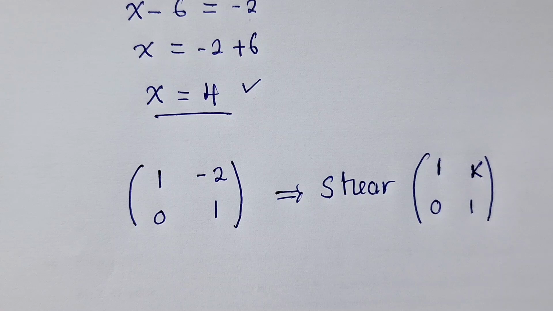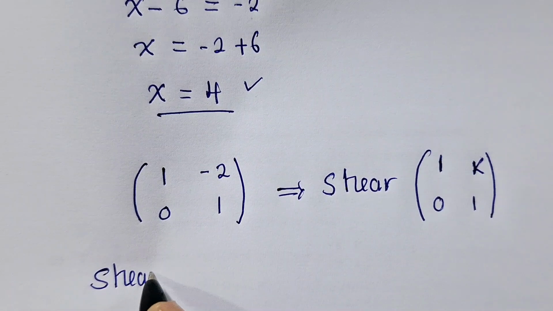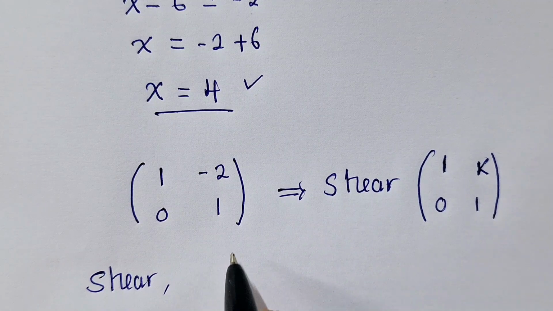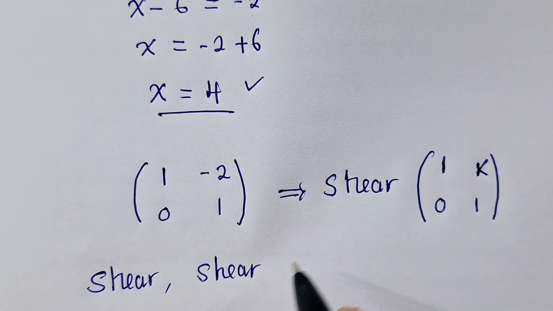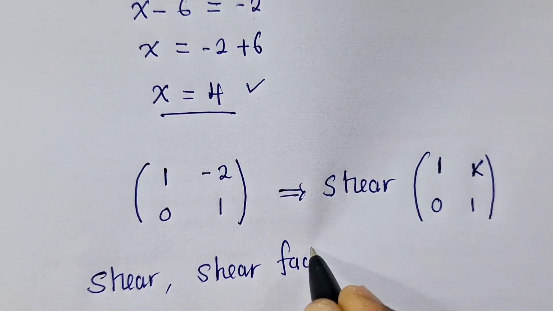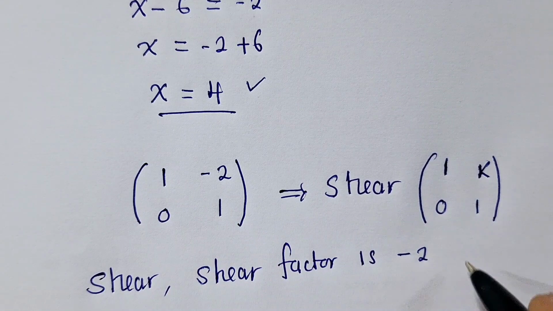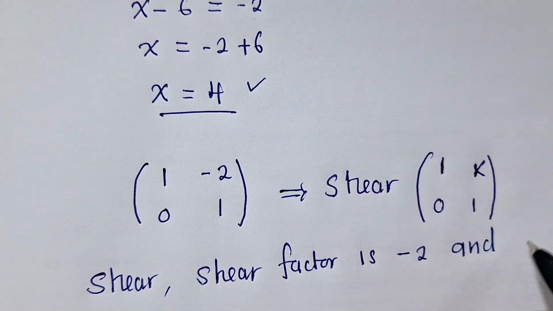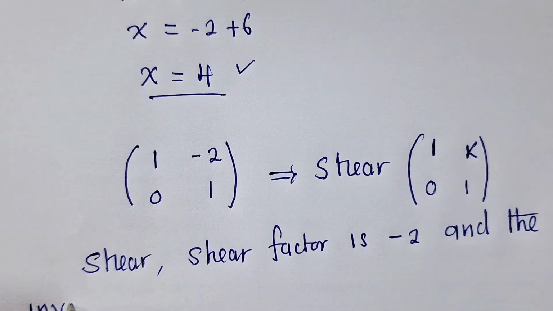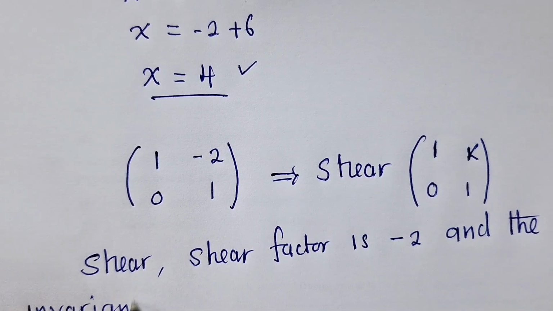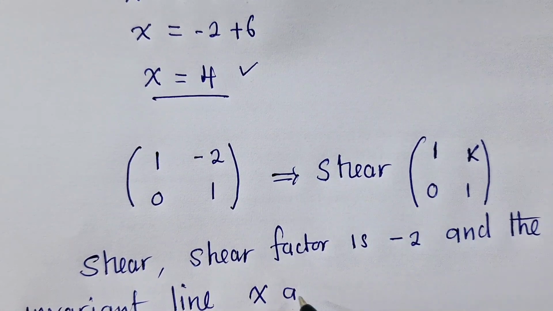So we're describing a shear, and the shear factor is negative 2, this number which is here, and the invariant line is the x-axis.